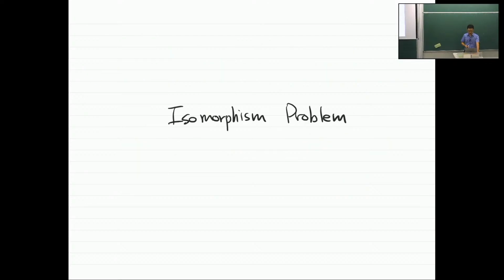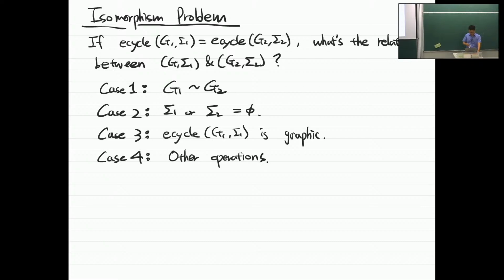So here's the isomorphism problem. We have two signed graphs such that they represent the same Evencycle matroid, and we want to know the relationship between these two signed graphs. We will start with the easy cases.